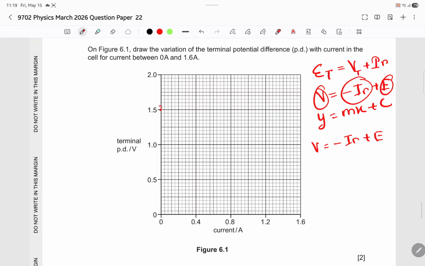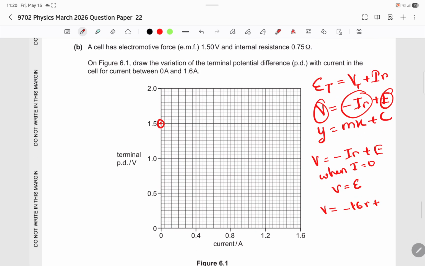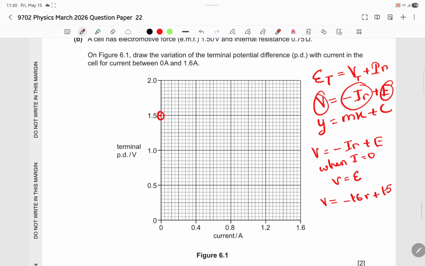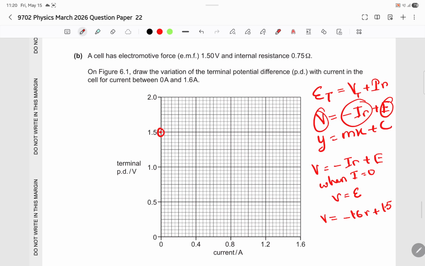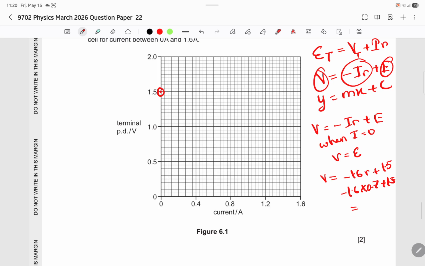So it's going to start from 1.5, because when I equals 0, V equals E. And when I is 1.6, the internal resistance is 0.75, so minus 1.6 into 0.75 plus 1.5, which comes out to be 0.3.